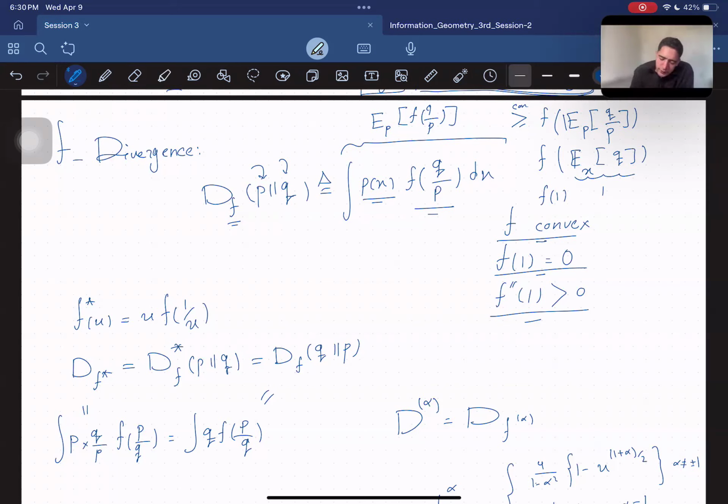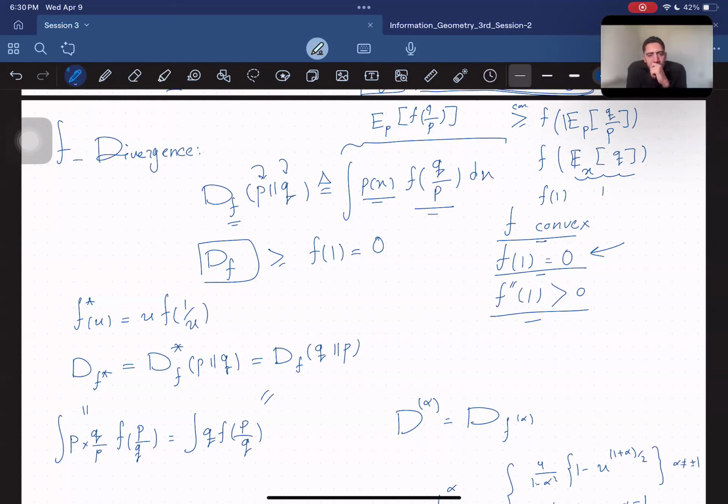So we have that Df is always greater than or equal to F of 1, which we already assumed to be 0. So we have positivity of the divergence.